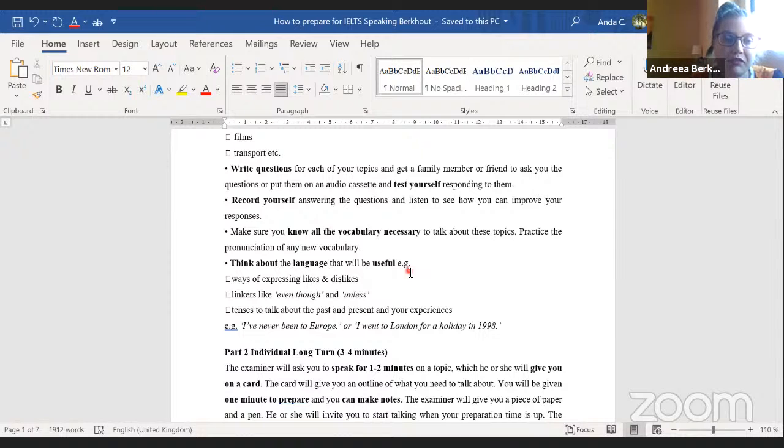Make sure even here you have all the vocabulary that you need, and think, of course, about the language that could help you. For example, some tenses, like I've never been to Europe, the present perfect, or we can use linkers, connectors, unless. Right, but as I was saying, this is the easiest part of the speaking, as some of you may already know.